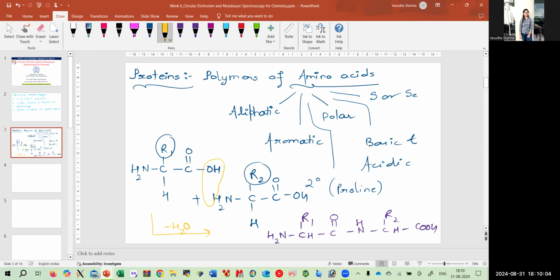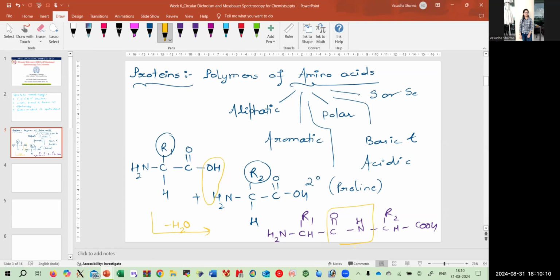So this is one chain having two units, and this is what we call a peptide linkage. This is basically an amide linkage.